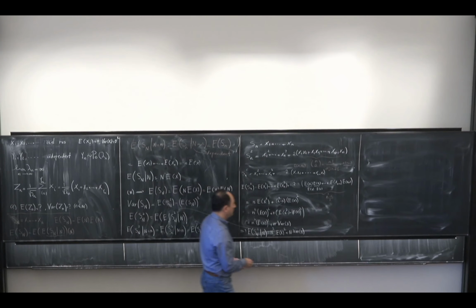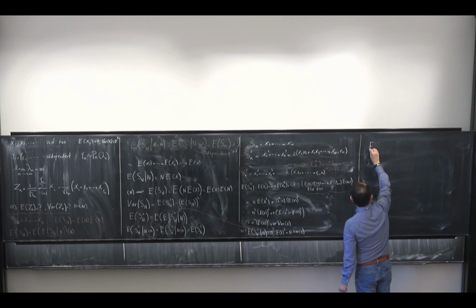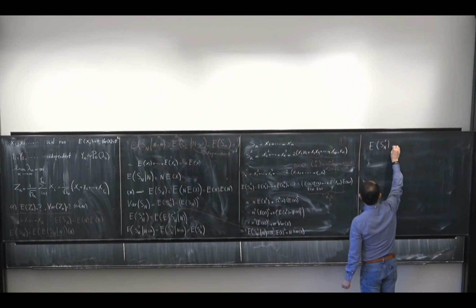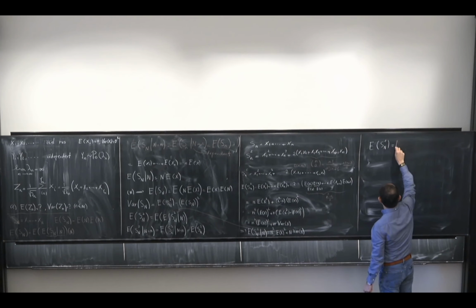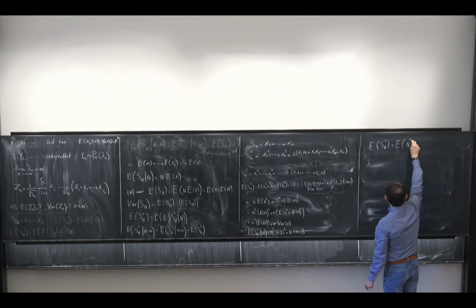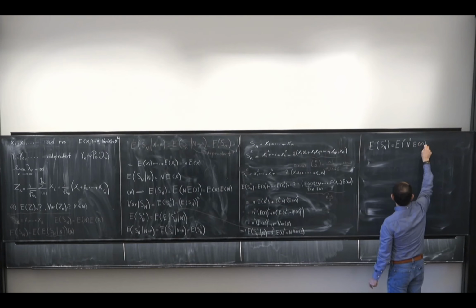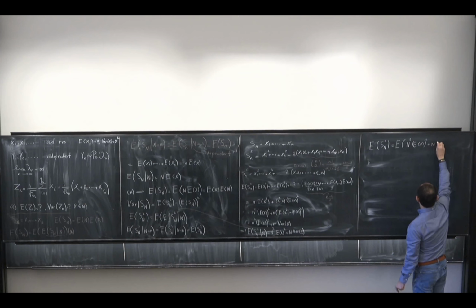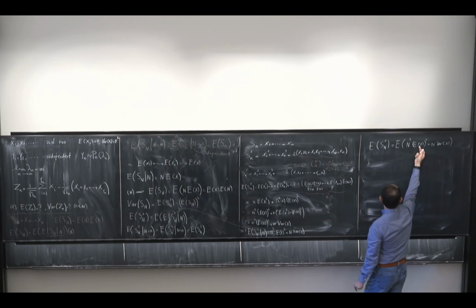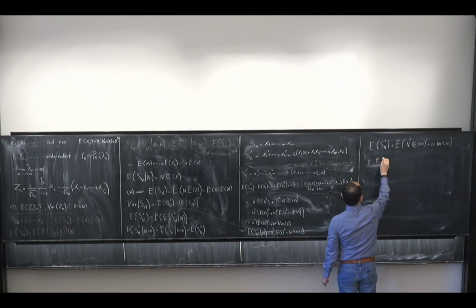So therefore, E[S_N squared] becomes E of this expression, and then plus E[N] times variance of x. But this is simple because this is a number. I use linearity.